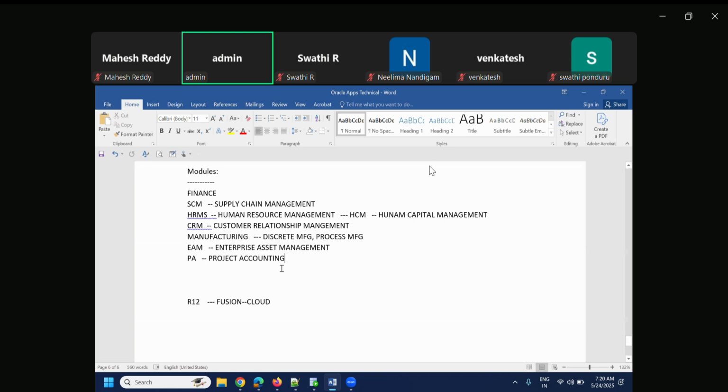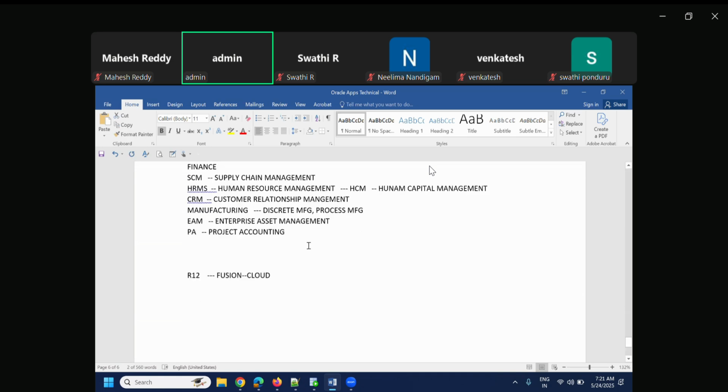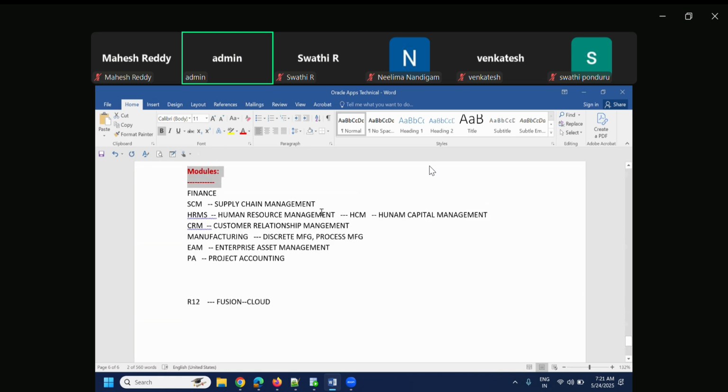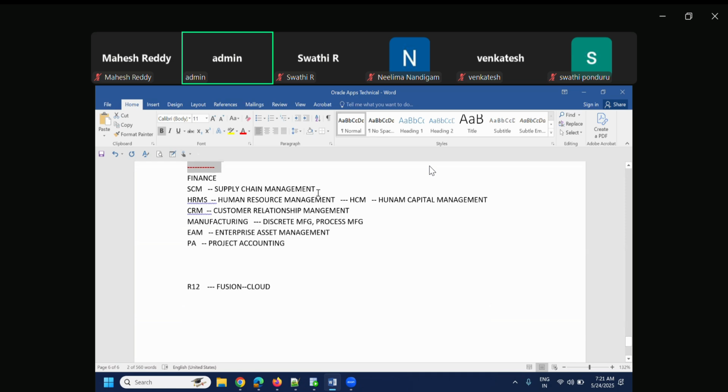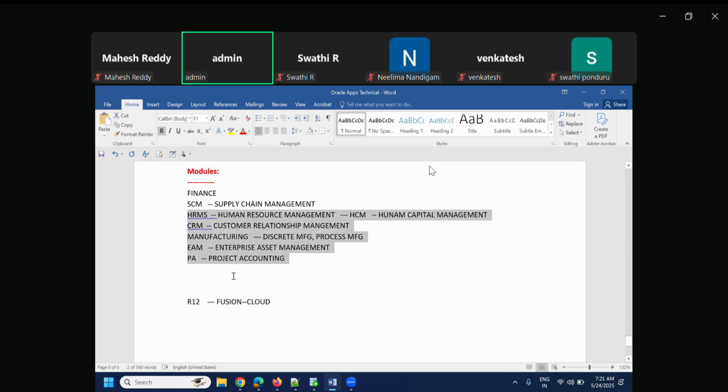Okay. Any queries so far related to modules or ERP? Forget about this many; it's impossible to learn all of it. Even I don't know all of it. I work only on supply chain management, HRMS, CRM.